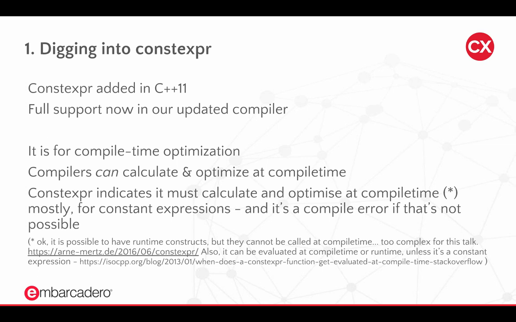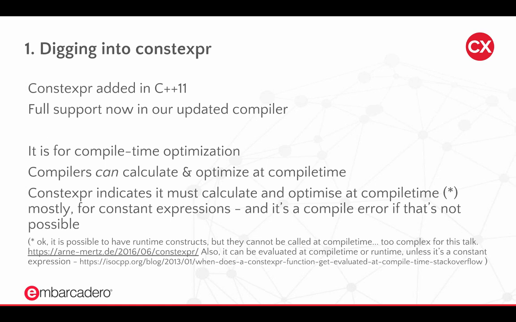Many people ask what constexpr is, and I think a good approach to understanding it is to regard it as a good way to achieve compile time optimization. Well, that's not necessarily true. It's really a guarantee of a compile time expression, but a really good and common way to use it is for compile time optimization.